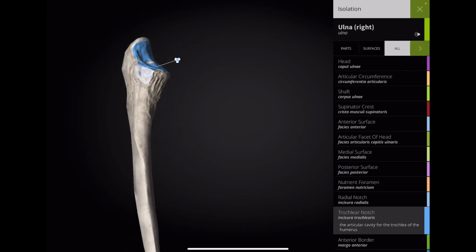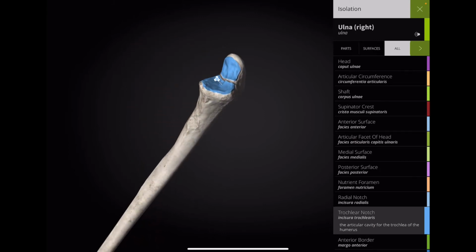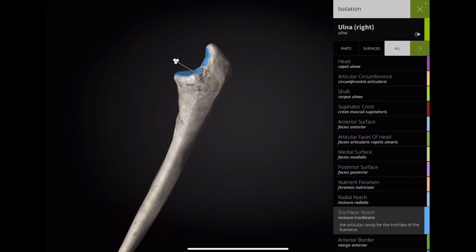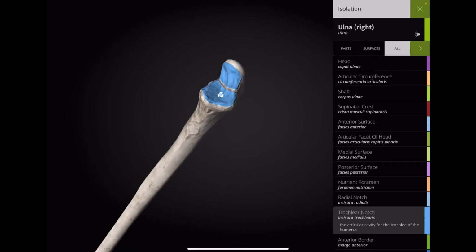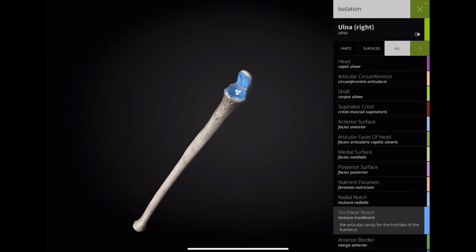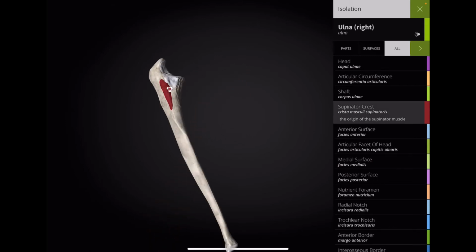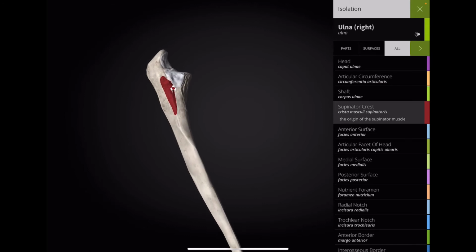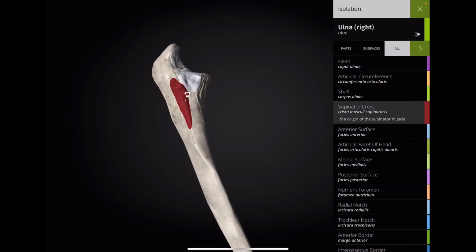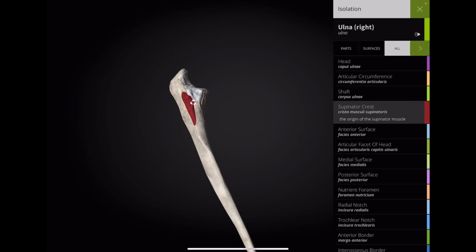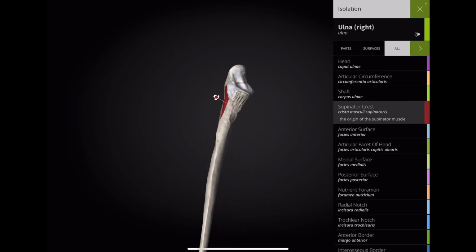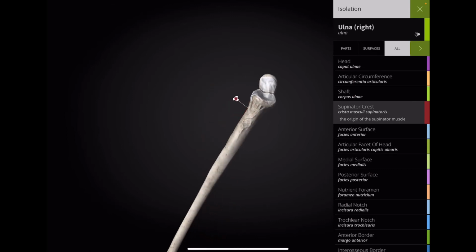So it's very important for articulation and the formation of joints. And then we also have the supinator crest, which is right here. This is the origin for the supinator muscle, which is one of the muscles involved in the supination of the forearm.